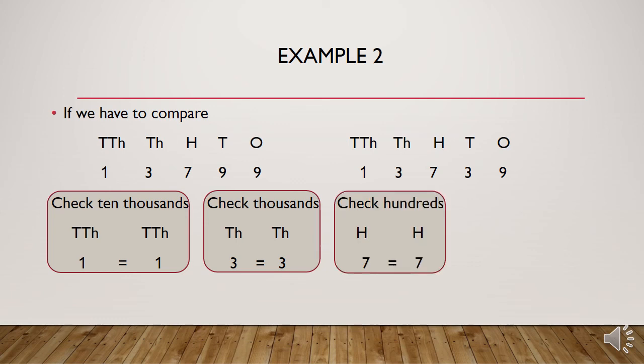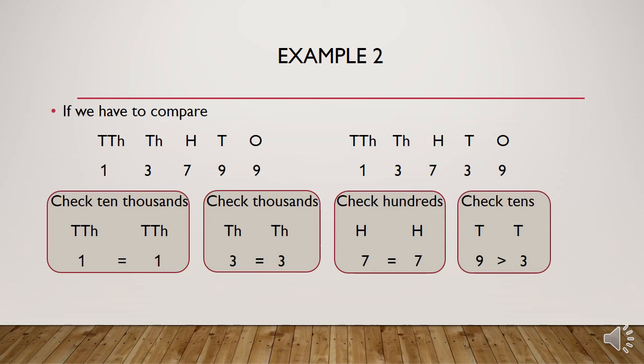Both numbers have 13 thousands. So now we check the hundreds column and we see that they are also the same. When we compare tens of these two numbers, we find that the number on the left hand side has more tens than the number on the right hand side. Therefore, we decide that 13,799 is greater than 13,739.